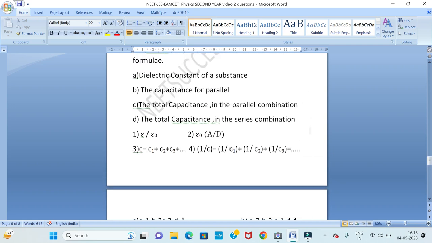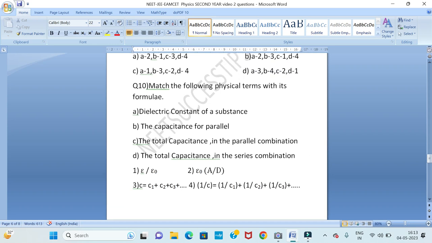C. Dielectric constant of a substance is epsilon by epsilon 0. Epsilon 0 is the permittivity of vacuum.